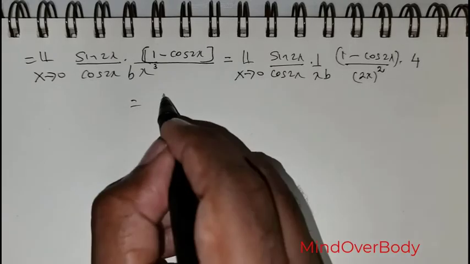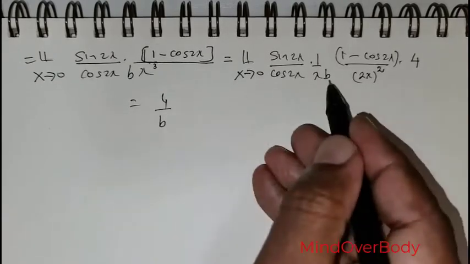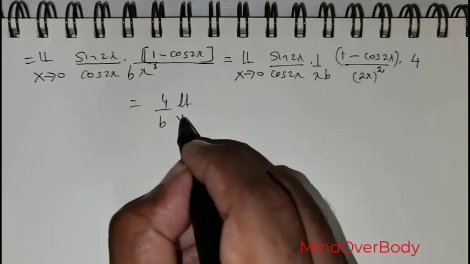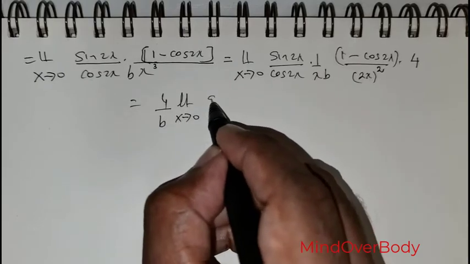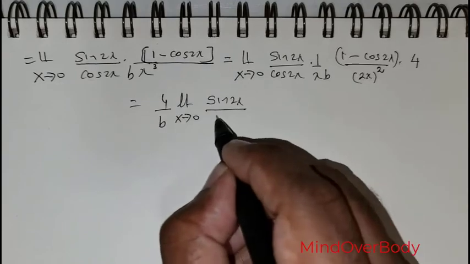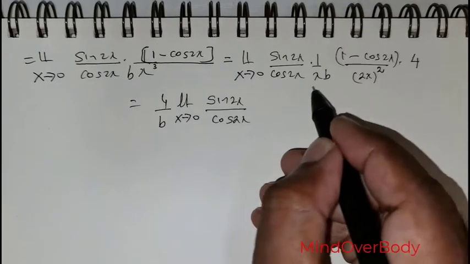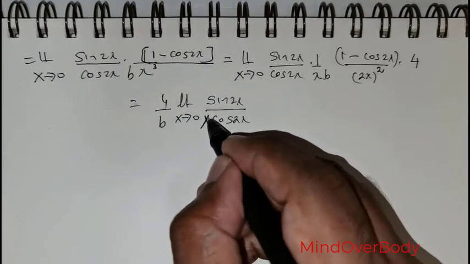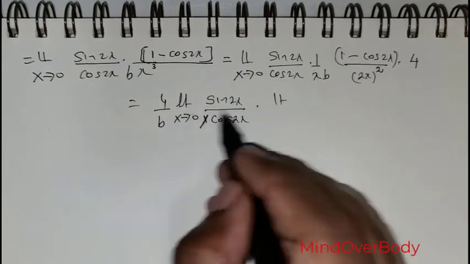Now I can take 4 out, I can take b out, and then I would have limit x tending to 0 of sine 2x divided by cos 2x. Of course there is an x here, so I will place the x times the limit of the product.